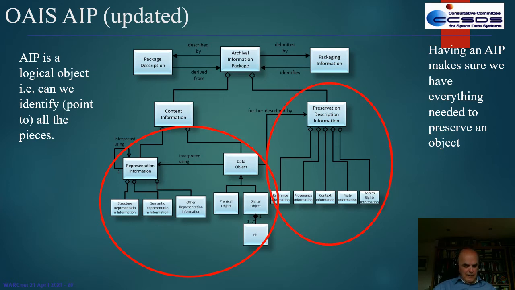It also has things like provenance. How much provenance? The answer is enough so that one may be able to make a judgment about the degree of authenticity of the object. And things like context, reference, fixity and access rights, which OAIS defines, but I'm not going to go into here.